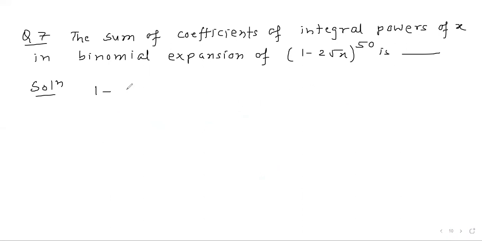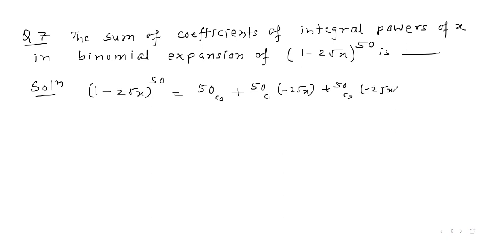We write (1 minus 2 root x) whole power 50 equals 50C0 plus 50C1 times minus 2 root x plus 50C2 times (minus 2 root x) whole square and so on.